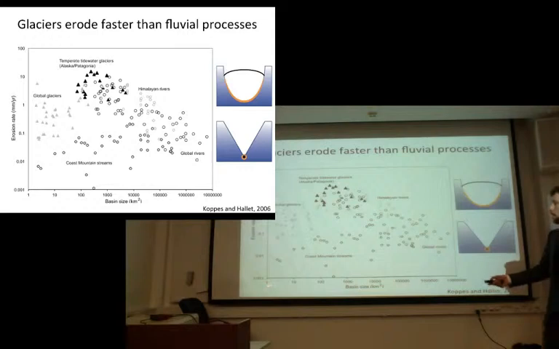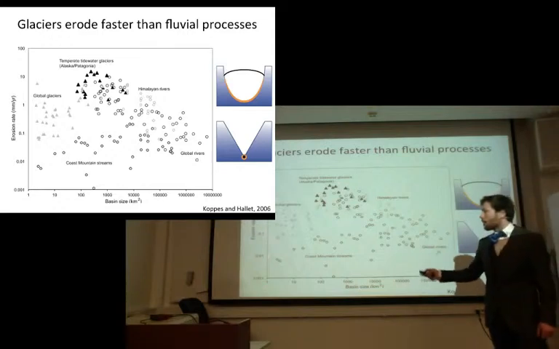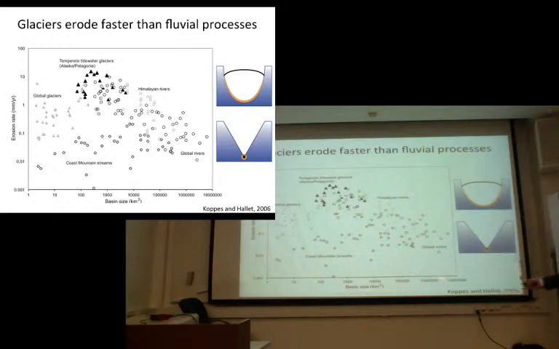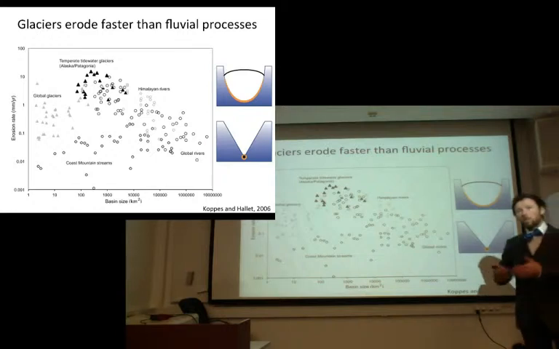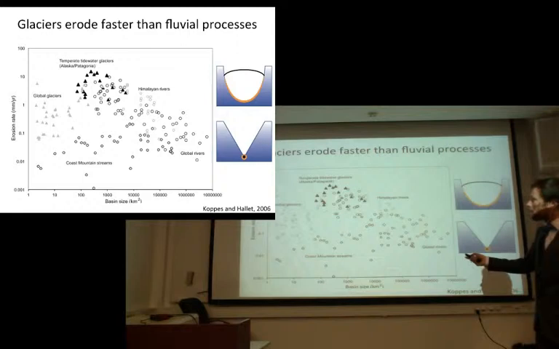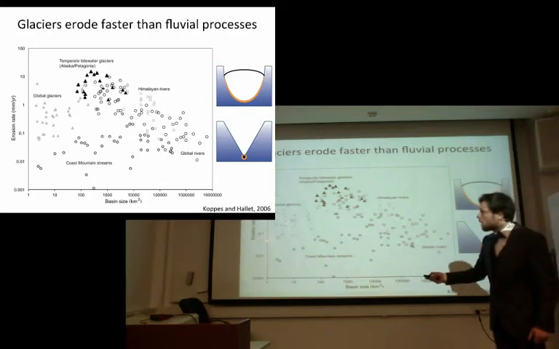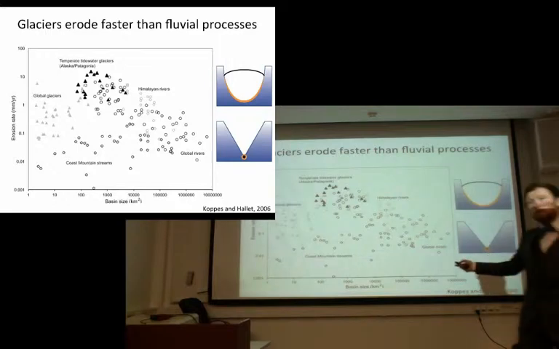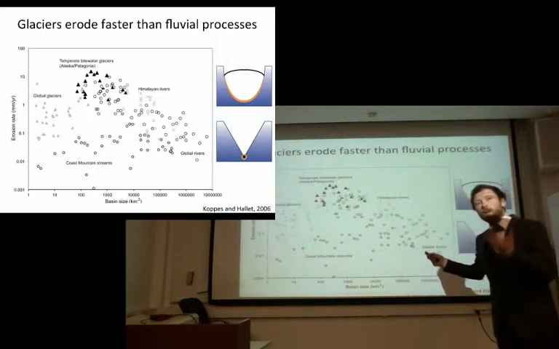This is a figure showing the erosion rate and the basin size. That's why we have to relativize a bit, because this triangle here shows glacier erosion rate measurements, observations. You see that they are a bit higher than these circles, which represent erosion from rivers.